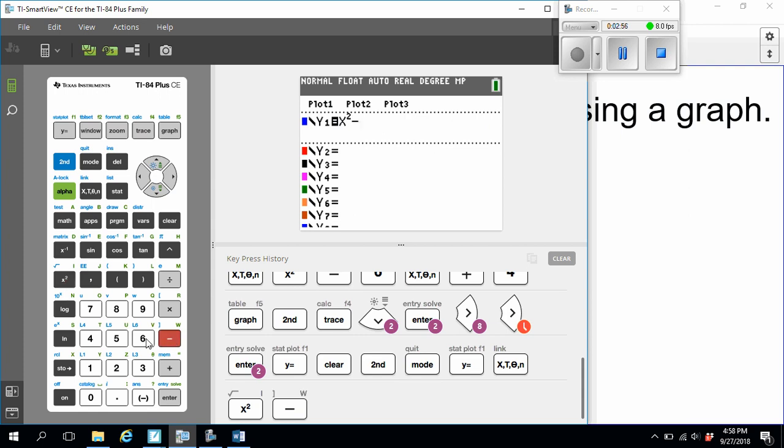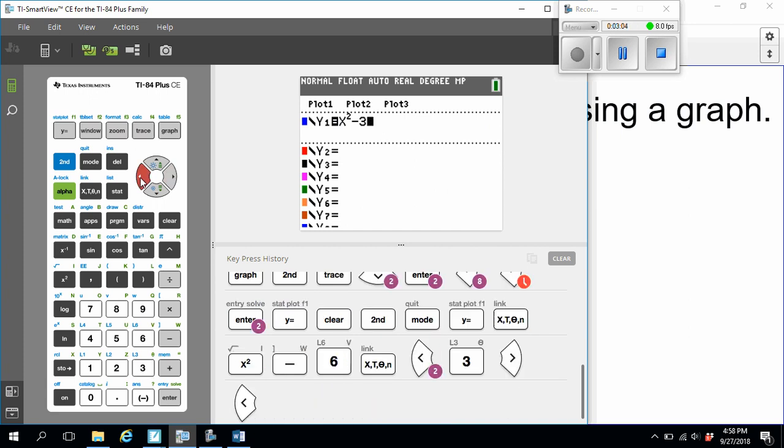You do minus 6x. Sorry, that should be 3x. So minus 3x, and that really should be plus. So x squared plus 3x, there we go. And now minus 6. I was getting ahead of myself there. So we plug in x squared plus 3x minus 6.